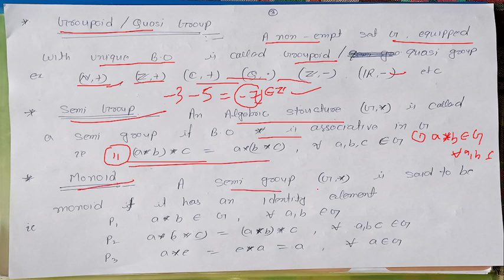A semigroup G star is said to be a monoid if it has an identity element. If we want to say some structure is a monoid, you have to verify that the set under that binary operation satisfies the closure property, the associative property, as well as the identity property.